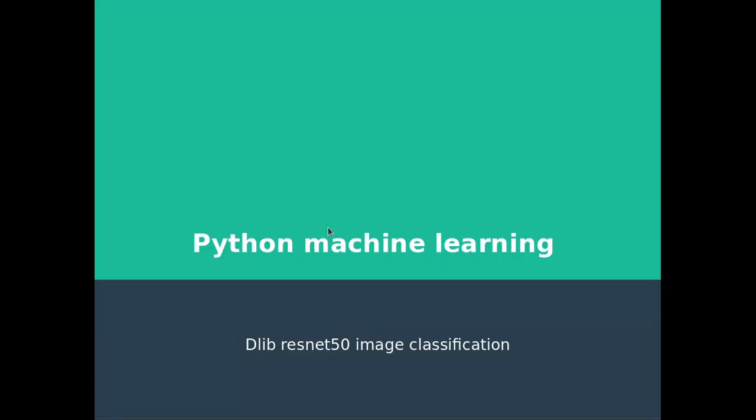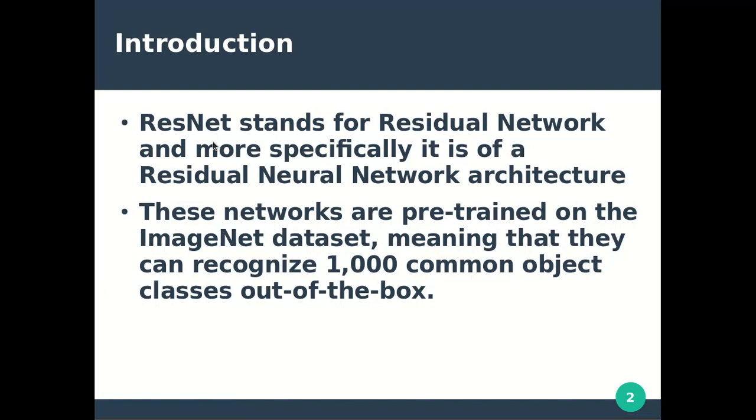Python image processing, DLIB library, ResNet image classification. ResNet stands for residual network, more specifically a residual neural network architecture. These networks are pre-trained on the ImageNet dataset, meaning that they can recognize 1000 common object classes out of the box.